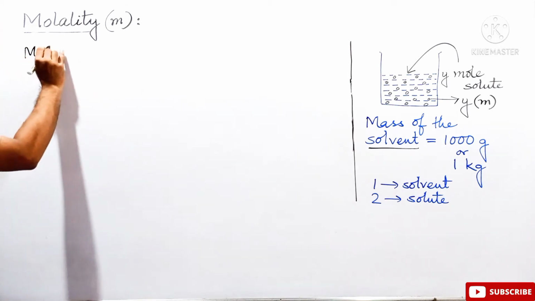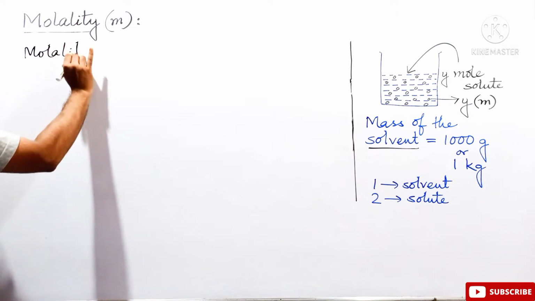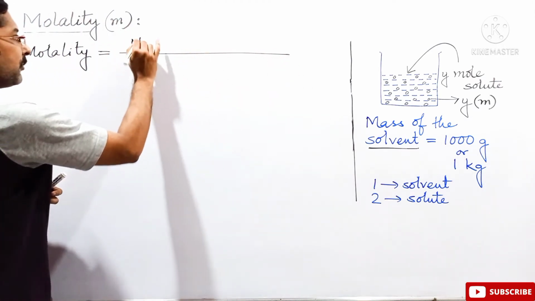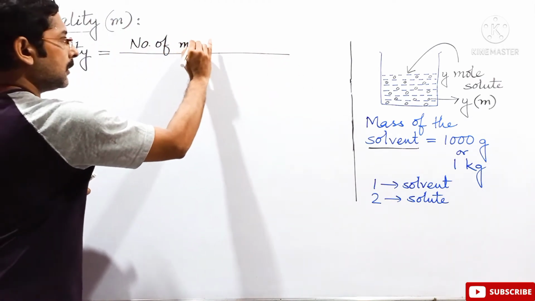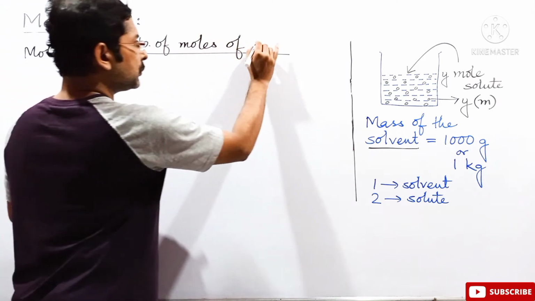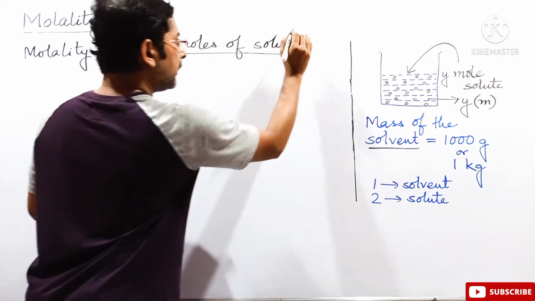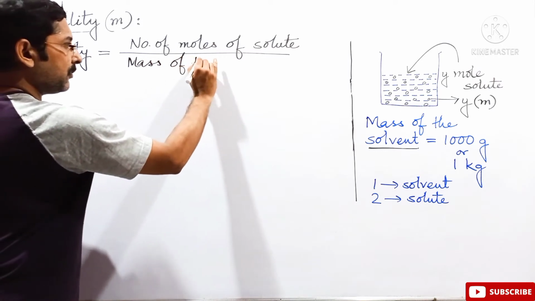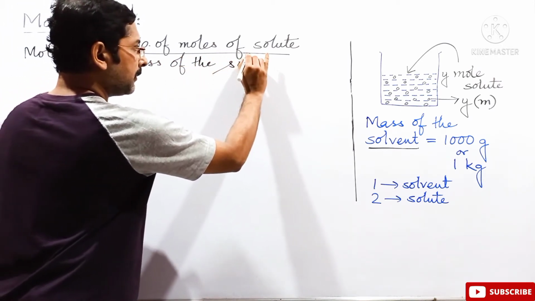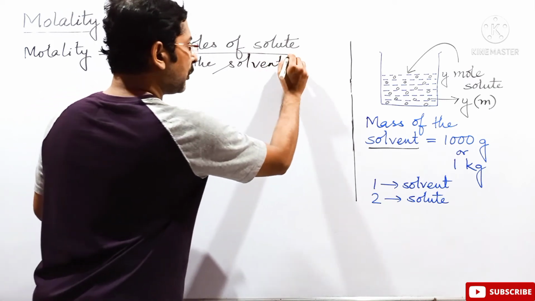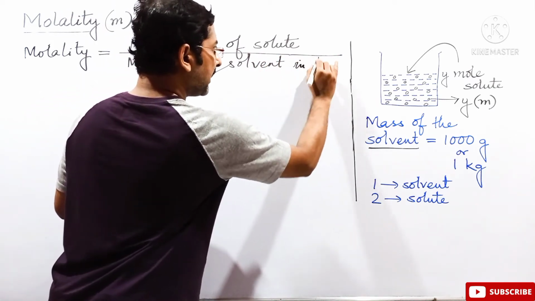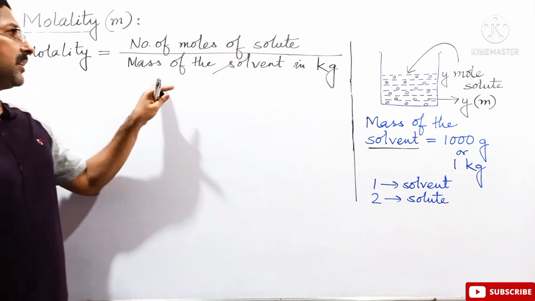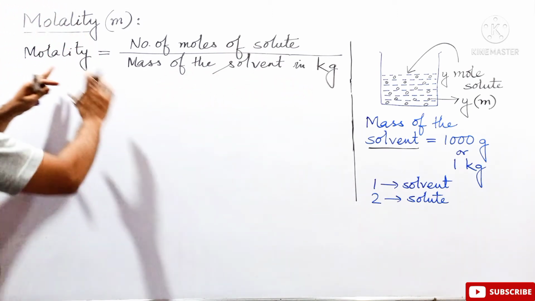So we can write molality equal to number of moles of solute divided by mass of the solvent in kg, in kilogram. Okay. So the number of moles of solute present in 1 kg of the solvent is known as the molality of the solution.